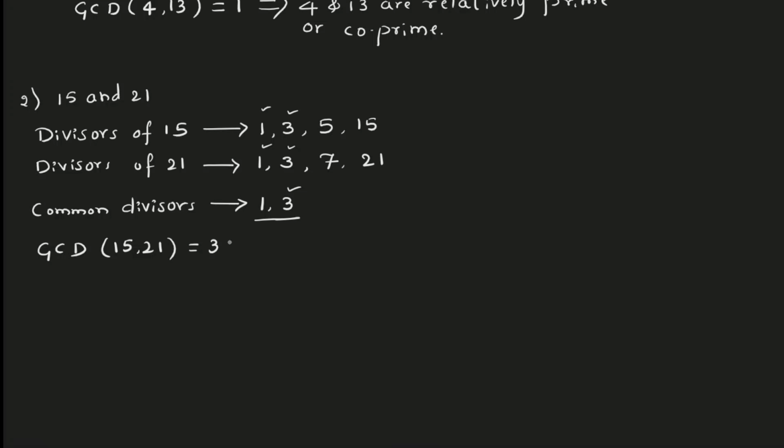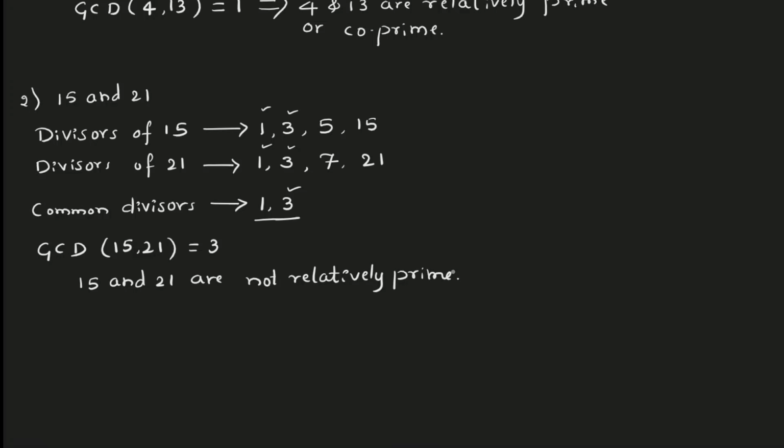We are checking whether the given numbers are relatively prime or not. For that, GCD must be equal to 1, but our GCD is 3. So what does it imply? The given numbers 15 and 21 are not relatively prime, or you can say they are not co-primes.